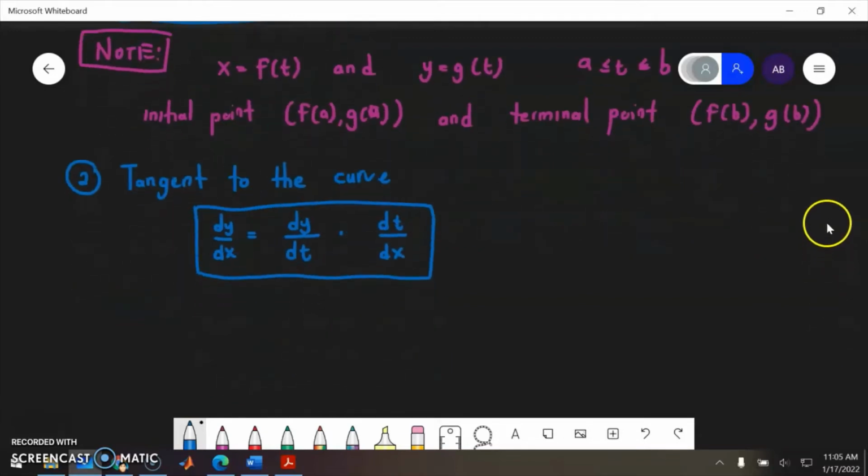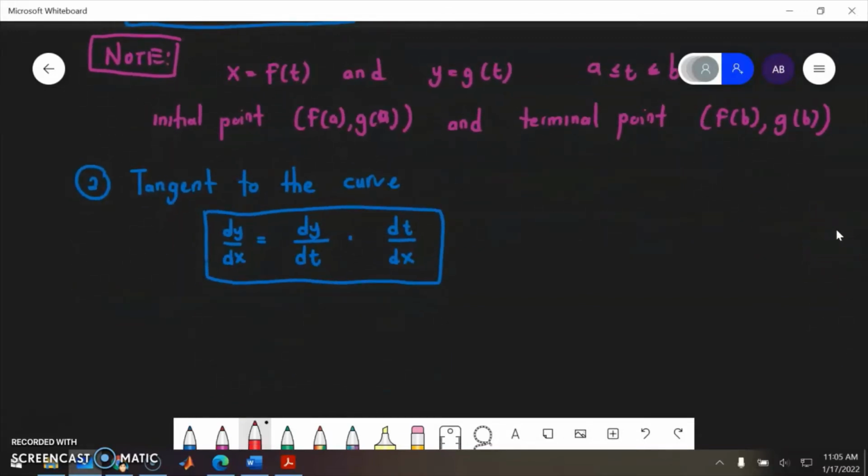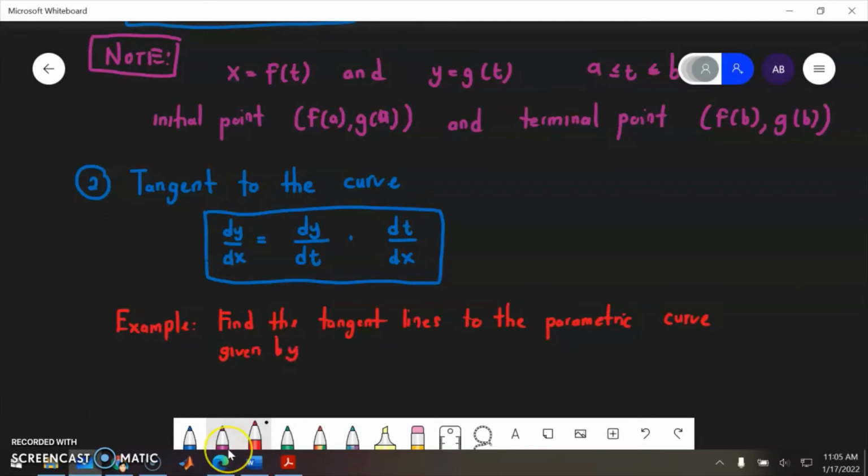Okay, so let's look at one example. This is a very simple example. Find the tangent line to the parametric curve given by x equals t to the power 5 minus 4t to the power 3 and y equals t squared.